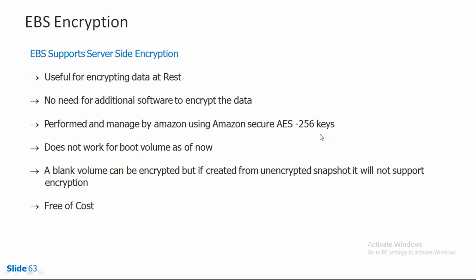Whenever we encrypt the data, we are provided some keys, and we should maintain them very safely. Whenever we access our data back, we provide those keys to Amazon so that the encrypted data is decrypted to normal format and can be accessed by us. That's how encryption and decryption are done.